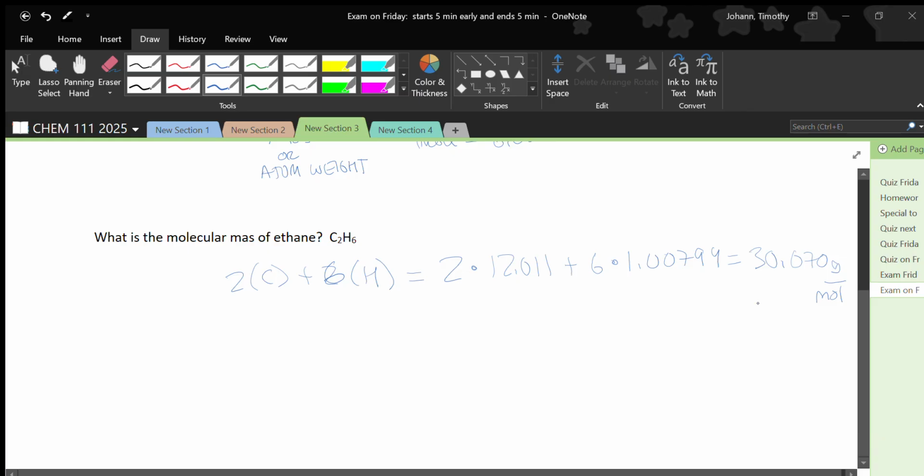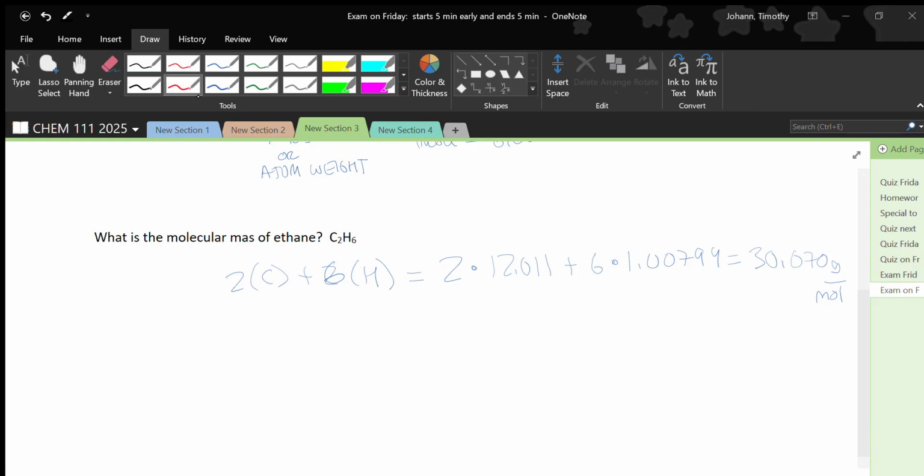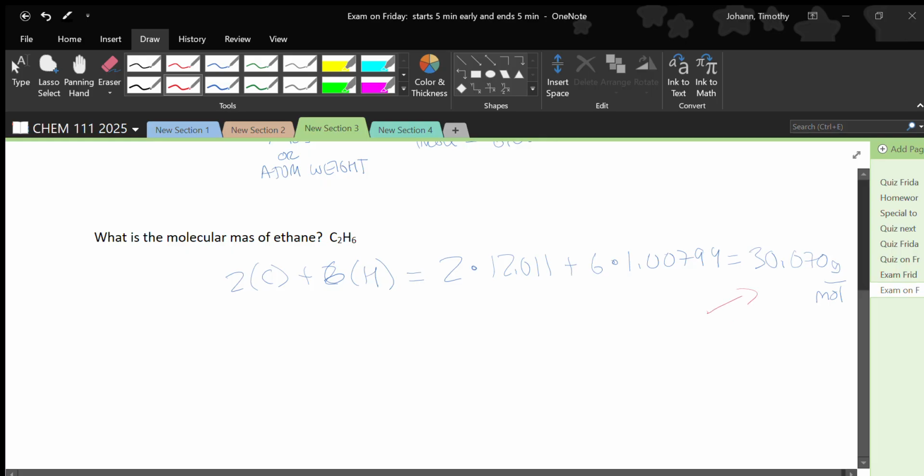Okay. I want to point out that there's another way of writing this. I could write that as 30.070 grams, and I should talk about what it is, of ethane equals 1 mole of ethane. I'm being specific with what it is here.